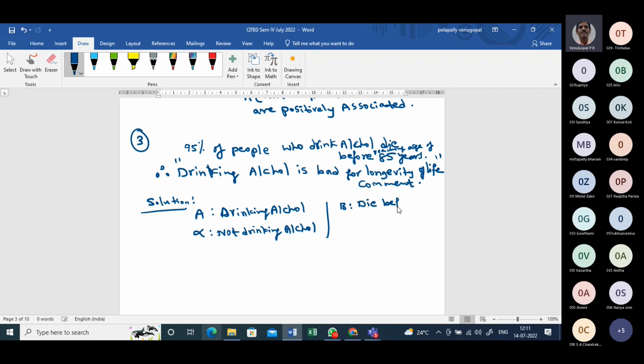Die before reaching the age of 85 years. What is beta? Die after the age of 85, or live after the age of 85. Okay. Now, what is the data given to you?